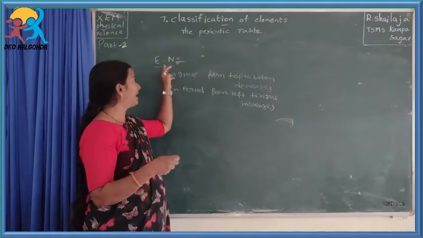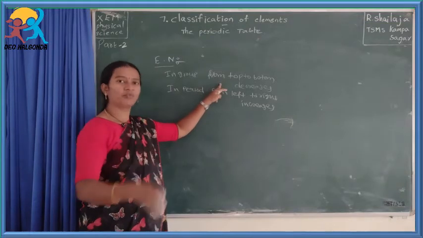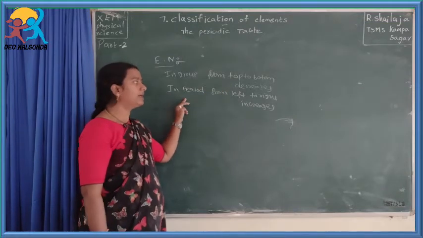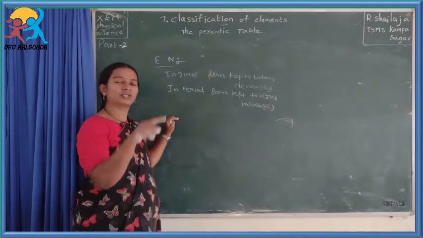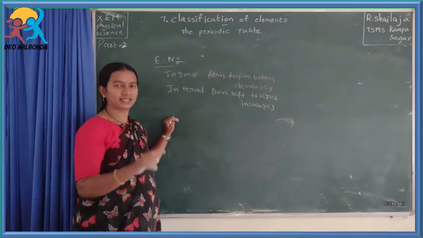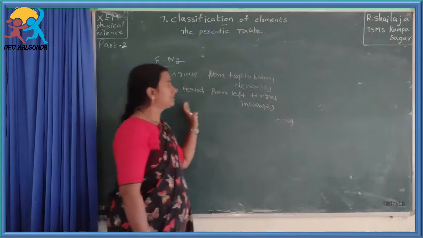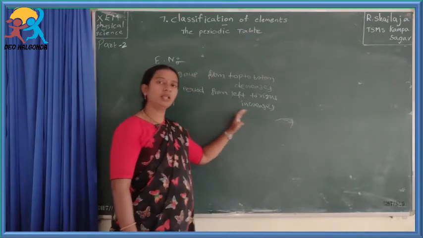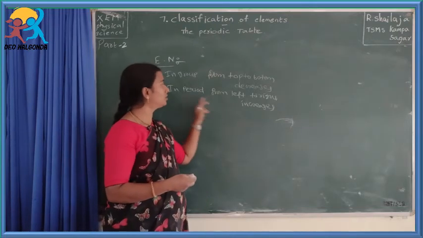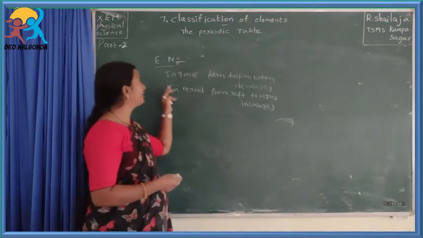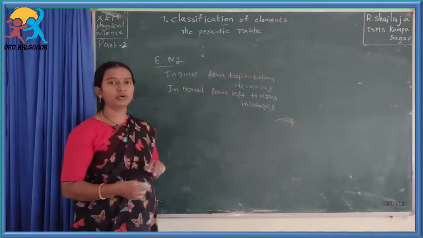That's why electronegativity is less in a group from top to bottom. But in a period from left to right, atomic size decreases and the distance from the nucleus to the outermost shell is less, so the nucleus easily attracts and gains the electron. So in a period the electronegativity increases from left to right.